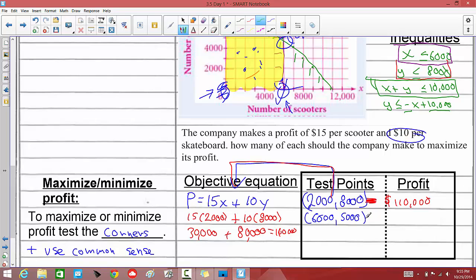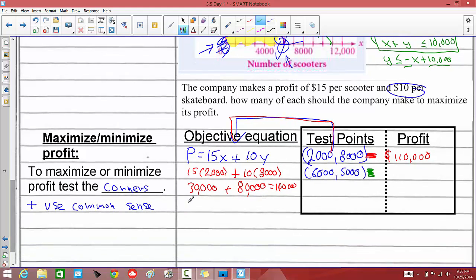Let's test one more. Let's test this one right here and see if this one will outdo this profit. Okay, so we're going to plug this in the same equation. So we got 15 times 6,000 plus 10 times 5,000. Oh, I put too many zeros there. 10 times 5,000 is 50,000.